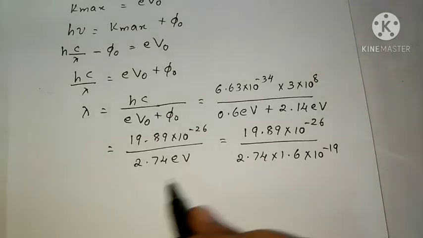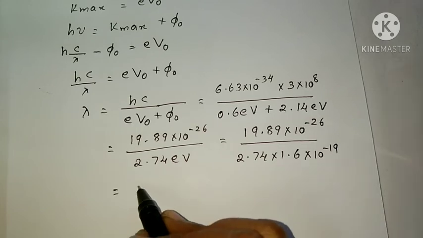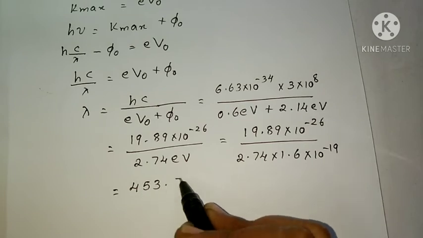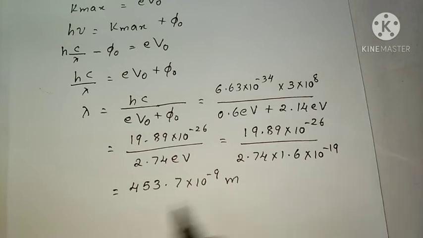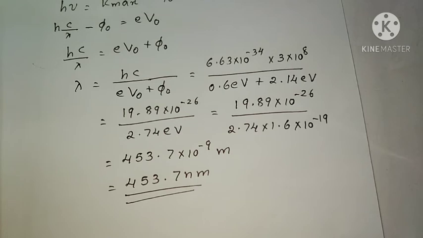After dividing, you will get the final answer, that is 453.7 into 10 raised to minus 9 meter, that we can write as 453.7 nanometer. So this is the wavelength of the incident light. Clear? So from Einstein's equation we derived the wavelength of the incident light.